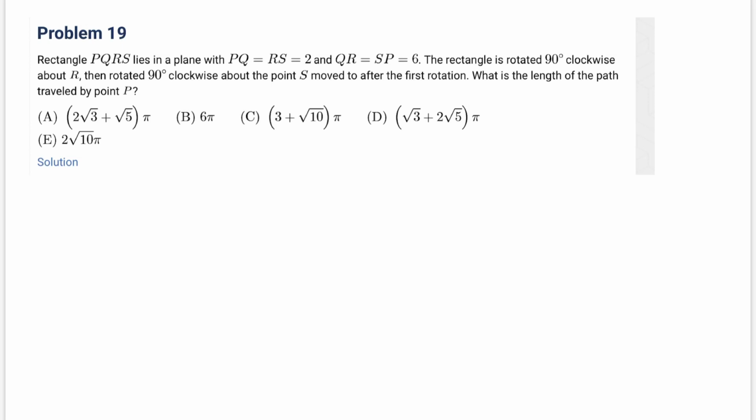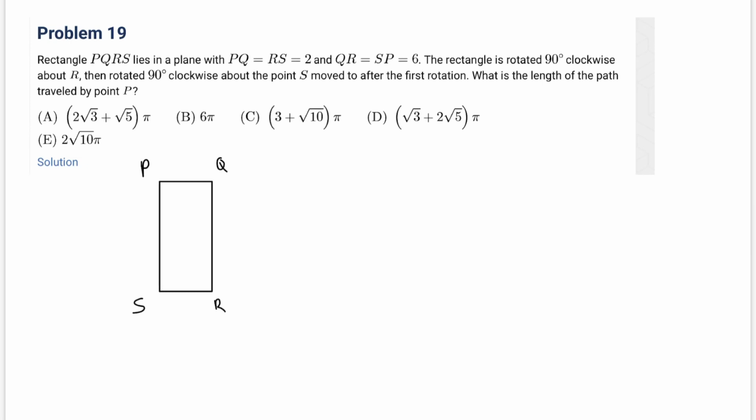The rectangle is rotated 90 degrees clockwise about R, and then rotated 90 degrees clockwise about the point S moved to after the first rotation. Okay, so first it's going to be like this, and this is PQRS, right?